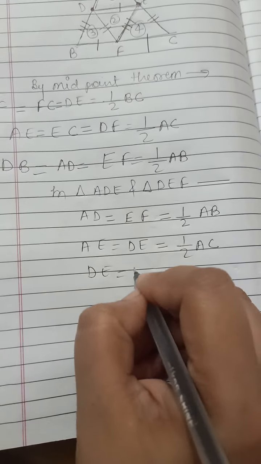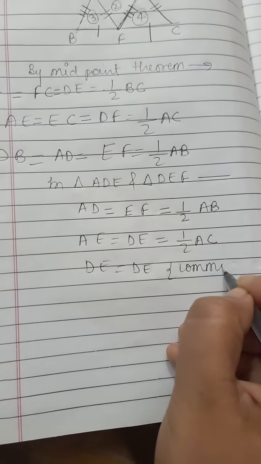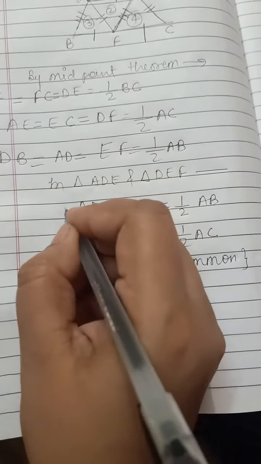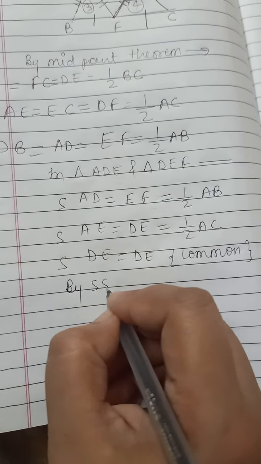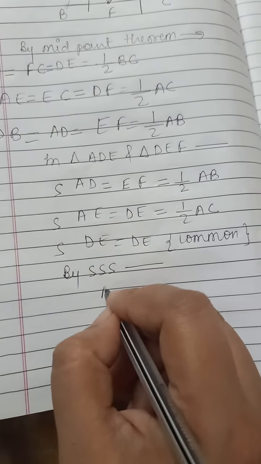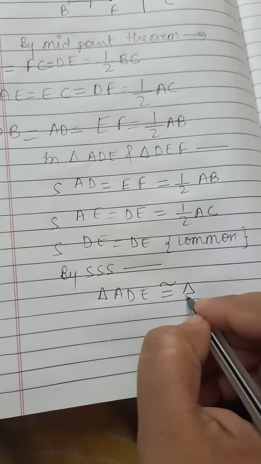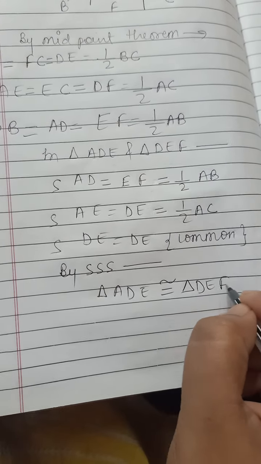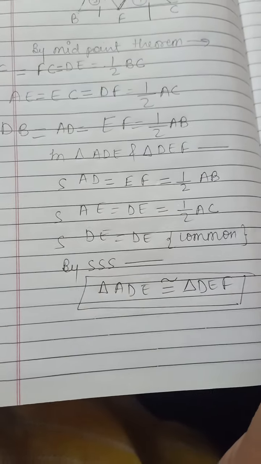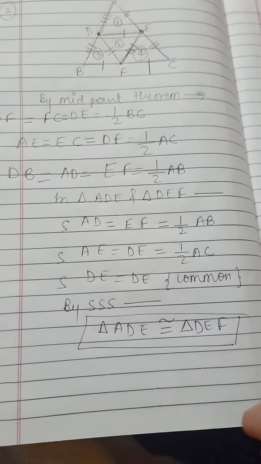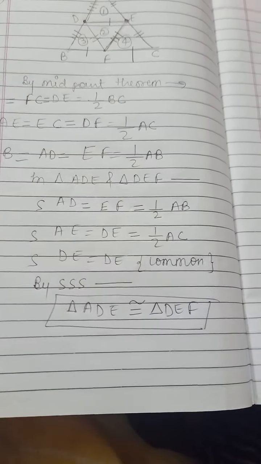DE = DE, reason: common. These are all three sides. So by SSS, triangle ADE is congruent to triangle DEF. Similarly, the other triangles are also congruent. You can write them congruent. So I hope you can solve this.